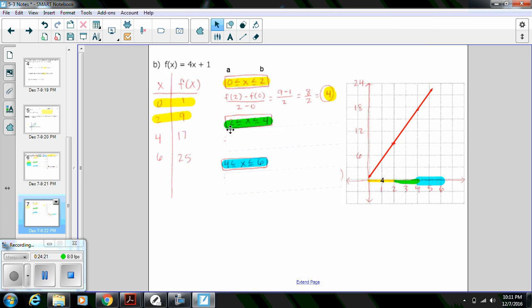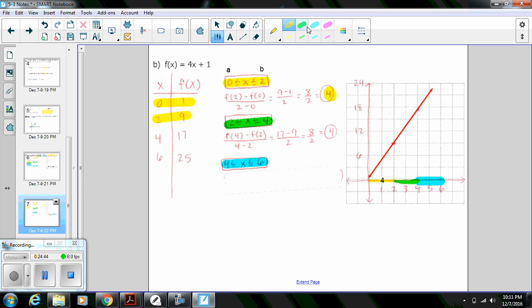All right, well, let's keep going. We're going to keep using our formula. All right, f of 4, remember that's our f of b value, minus f of 2, which is our a value, all over b, which is 4 again, minus 2, which is a. So I look to my table.